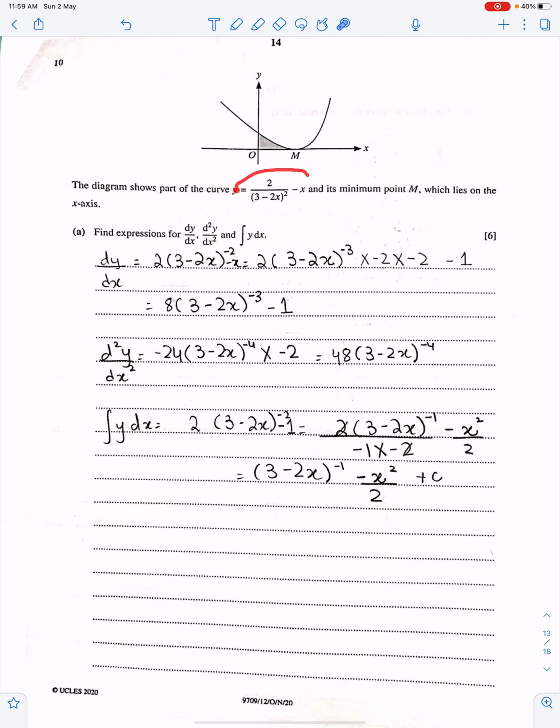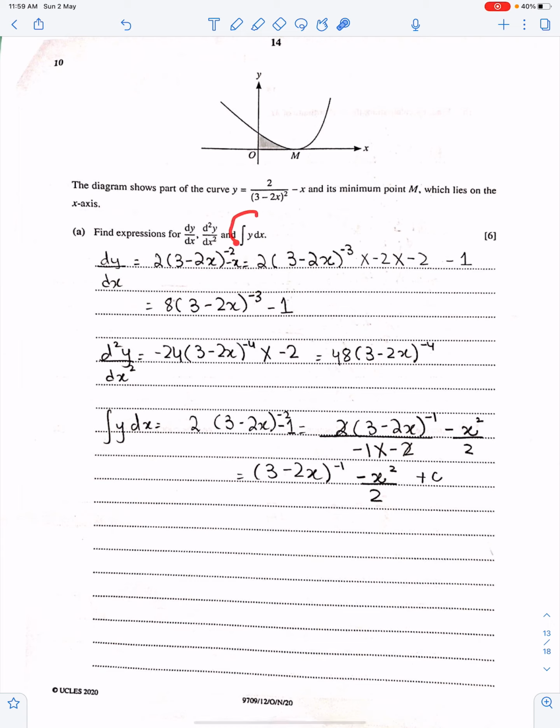This is so simple. You all know how to differentiate this. You need to bring this in numerator first, and then you can easily differentiate this linear composite function. So this is the simplified form of dy upon dx. When you differentiate this again, you will get the second derivative. This is the second derivative.